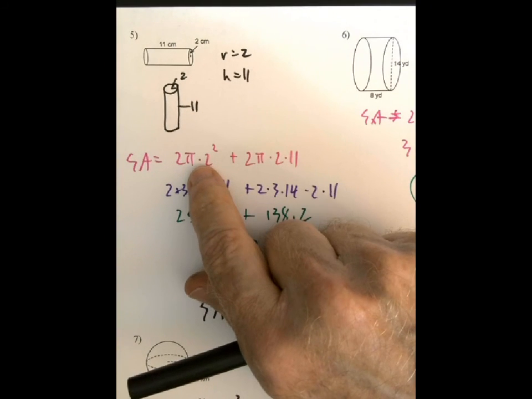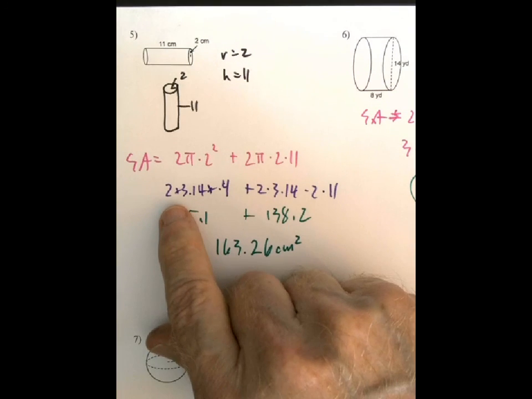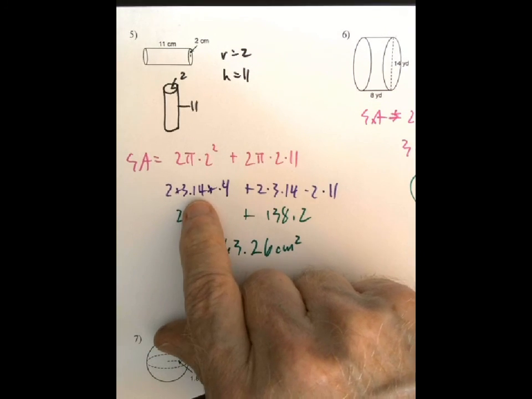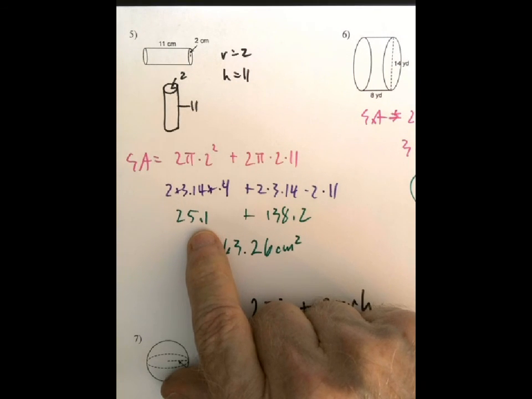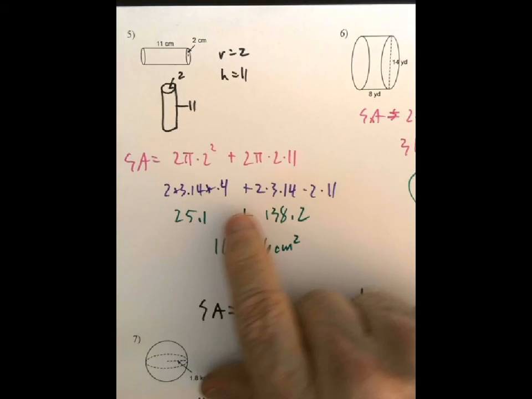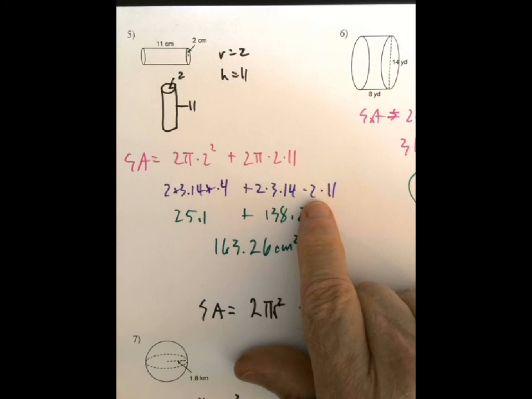Pi is 3.14, so 2 squared is 4. So the first part is 2 times 3.14 times 4, which works out to be 25.1 after you round off to the tenth place. Here, this is 2 times 3.14 times 2 times 11.